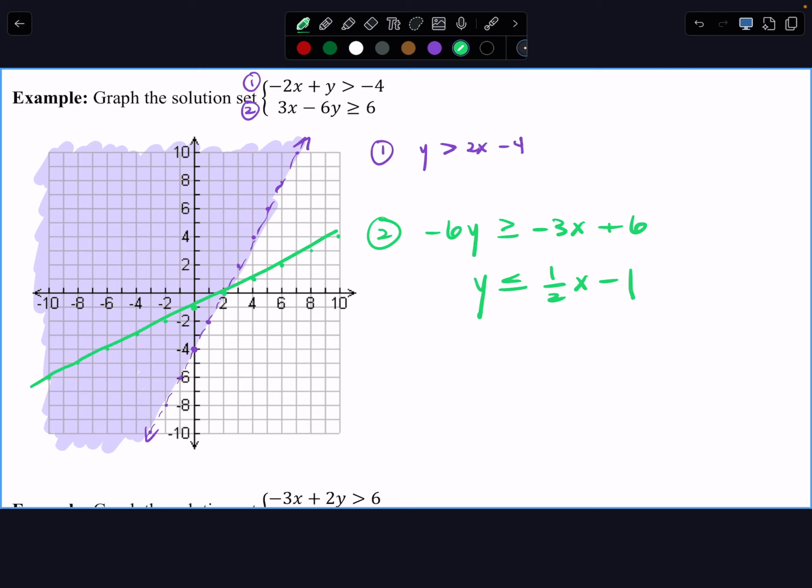Solid boundary line, and then shading would be above or below. Okay.